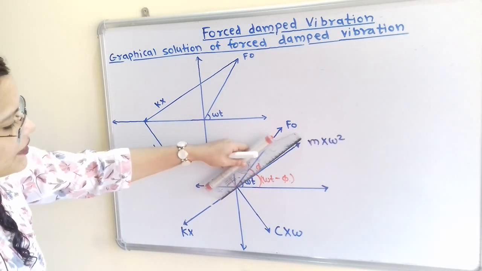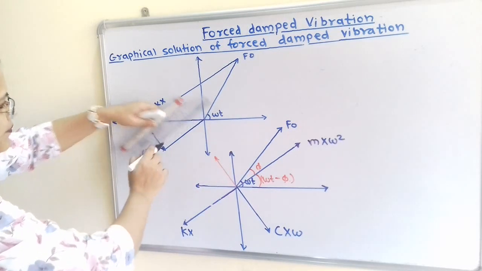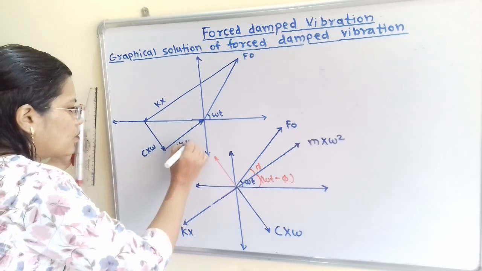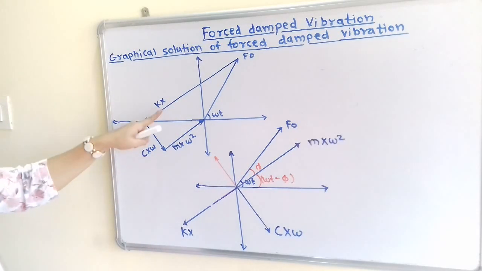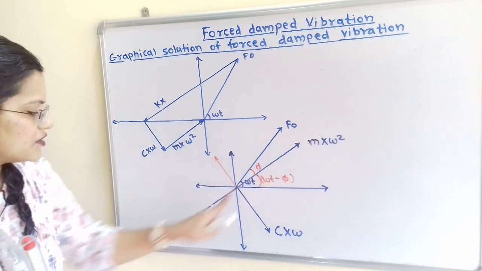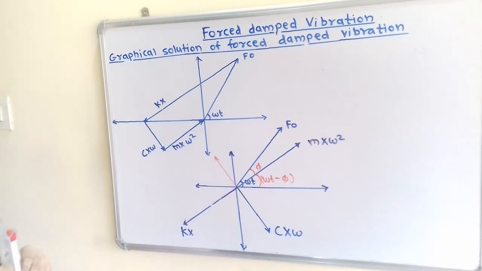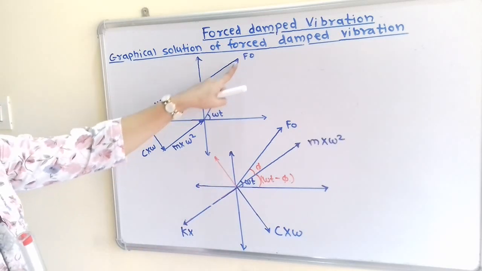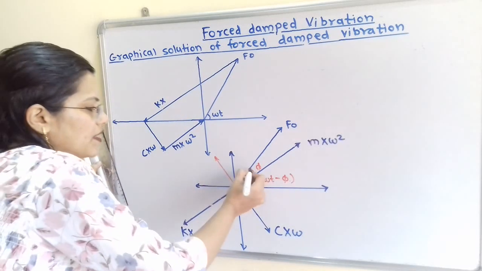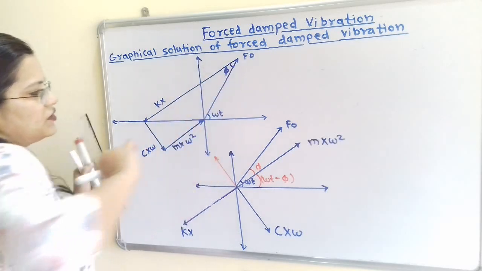We have to take the parallel line. And this is the inertia force m x omega square. Now if we observe, these two lines are parallel to each other because this inertia force and spring force are at 180 degree apart. So here the angle in between this Fo and Kx is equal to angle phi. So this angle phi we have to mention here.